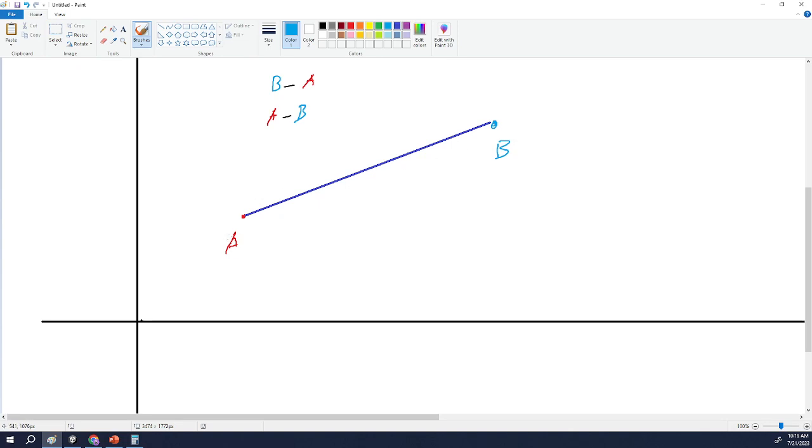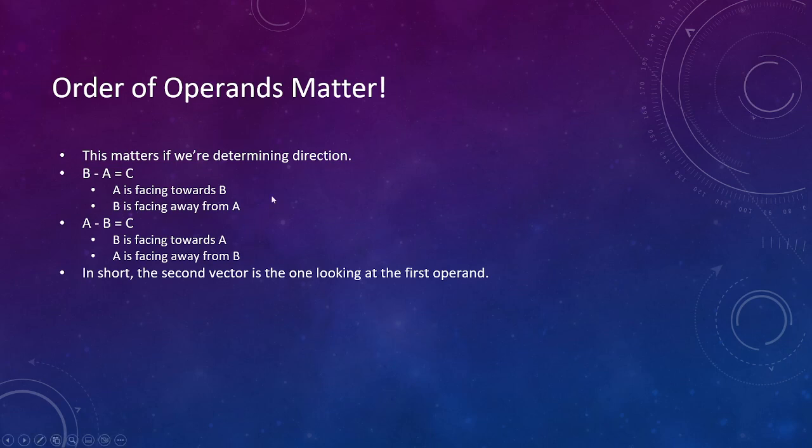This is where we go. We're looking at. Our direction would be the opposite. Okay? So it matters. The order matters.